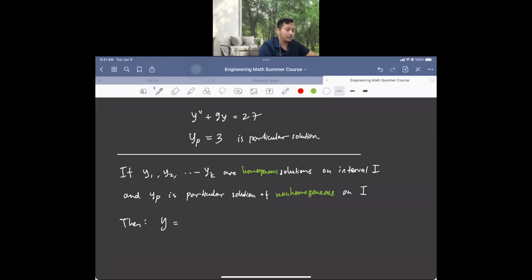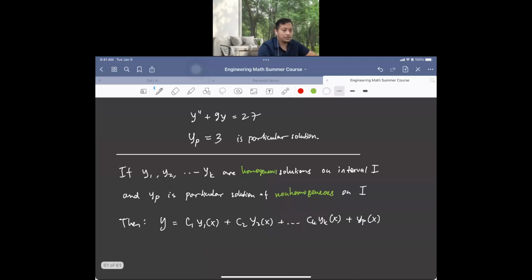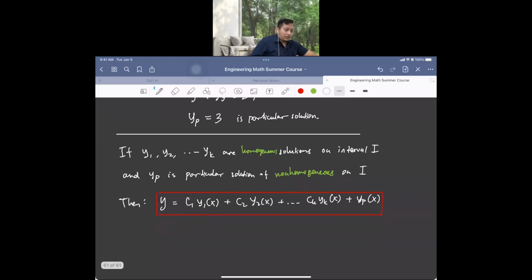then we may have a linear combination that combines homogeneous and non-homogeneous: c1 y1 of x plus c2 y2 of x plus until ck yk of x, and then plus a particular solution yp.